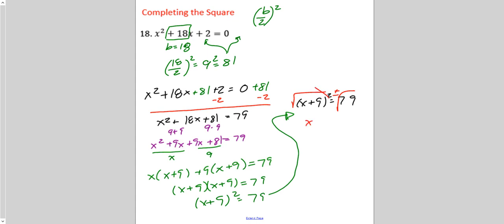So now I have x plus 9 equals plus or minus the square root of 79. I need to subtract 9 on each side. So I will have an answer of x equals -9 plus or minus the square root of 79. The square root of 79 does not simplify, so this will be our final answer.